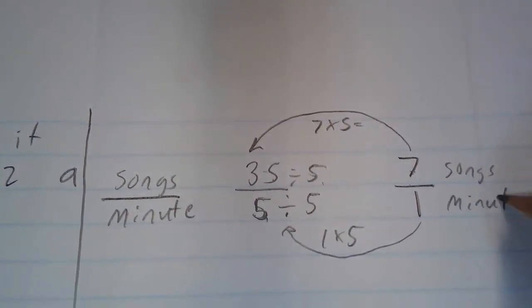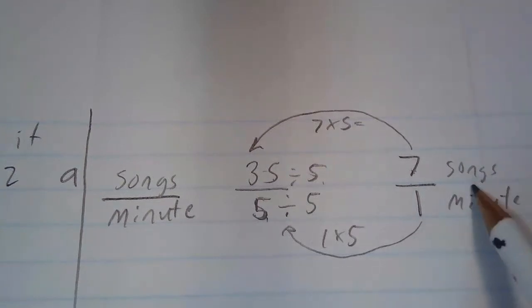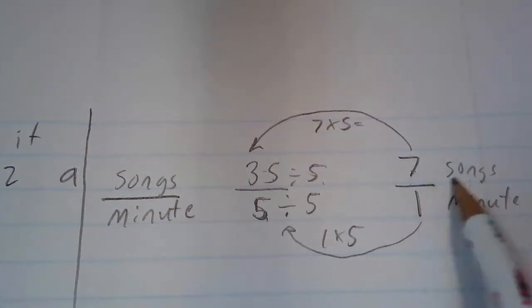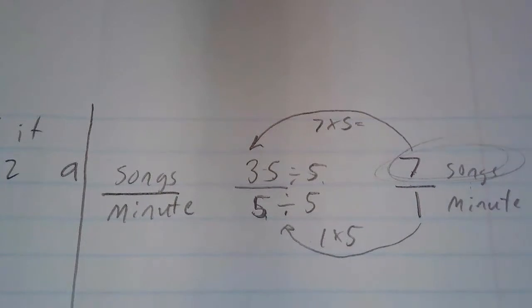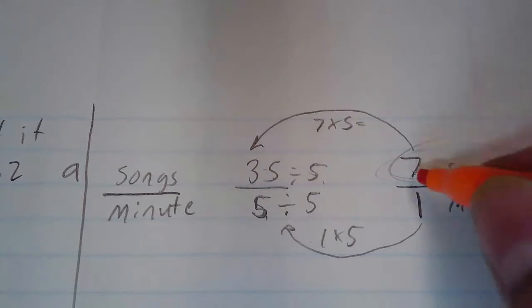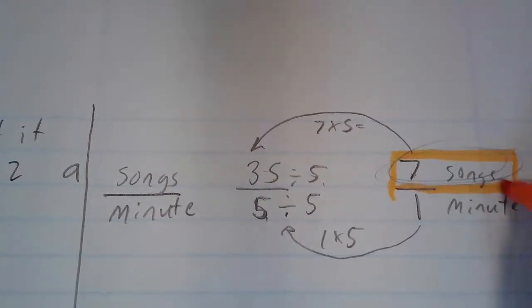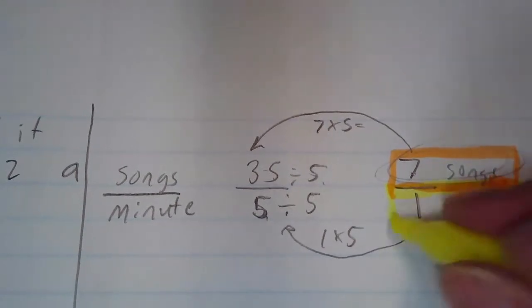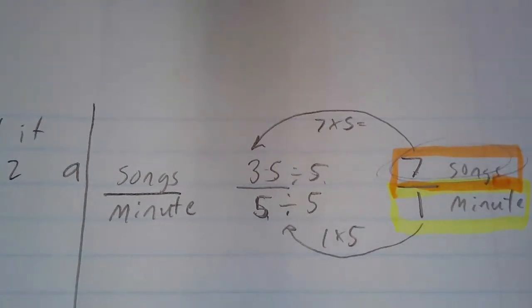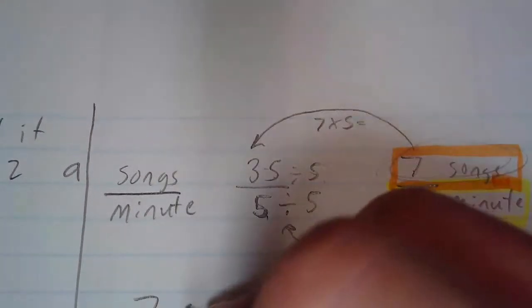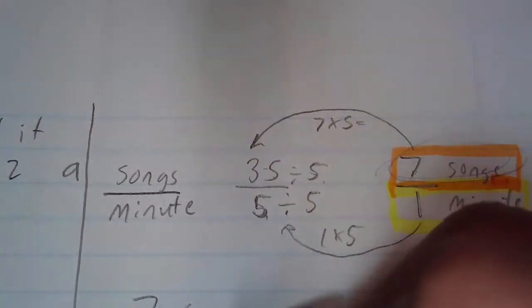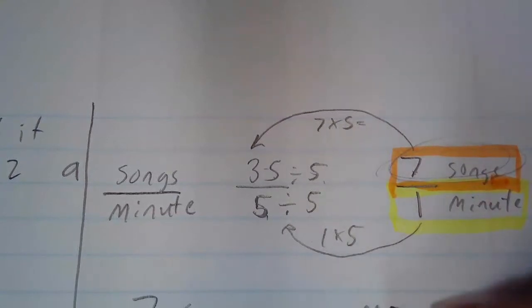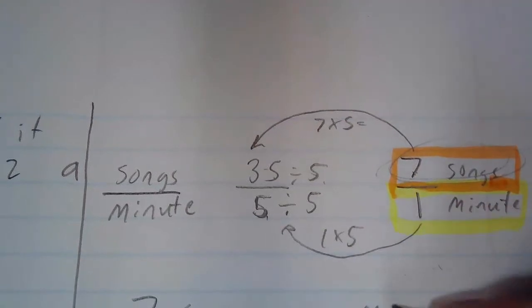Now here's the deal. If you write the words along with the final answer, all you got to do is write what you already have. I mean, look. Let me show you what I'm talking about. By following some patterns, you can make the work easy for yourself. The final answer as a sentence is 7 songs per minute.